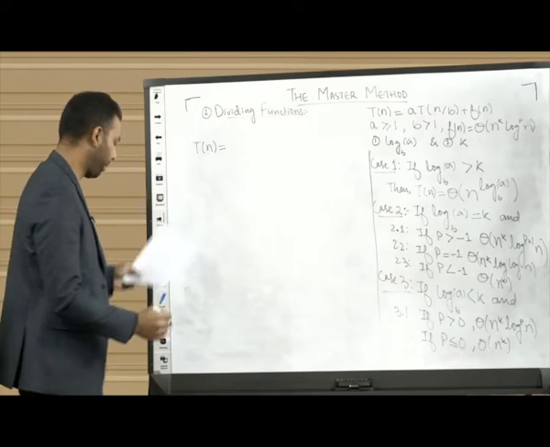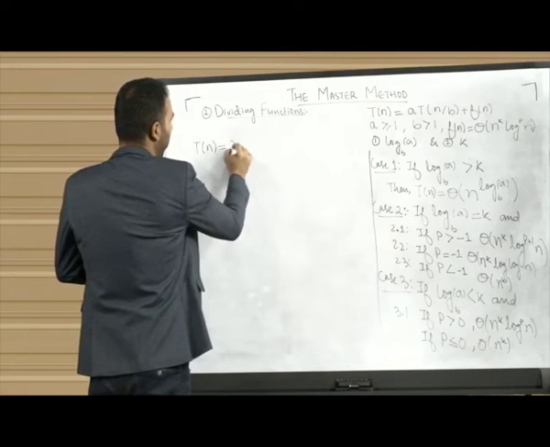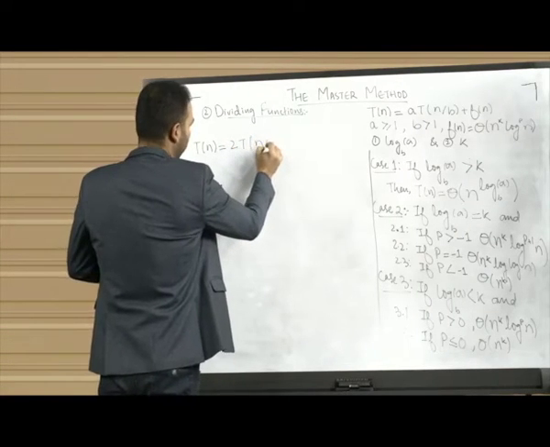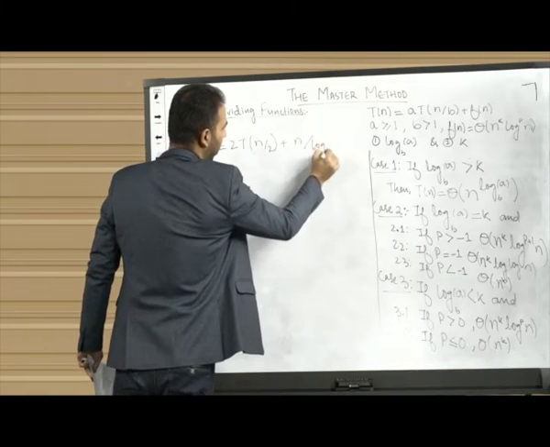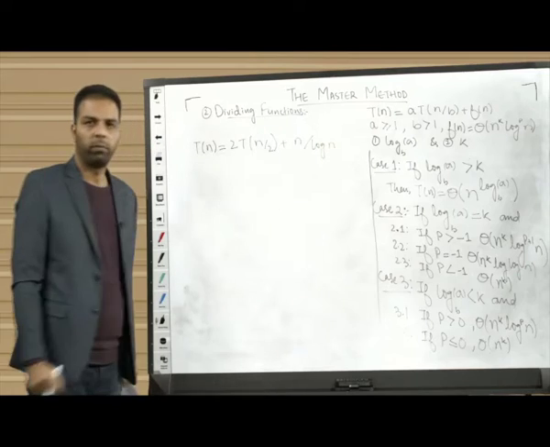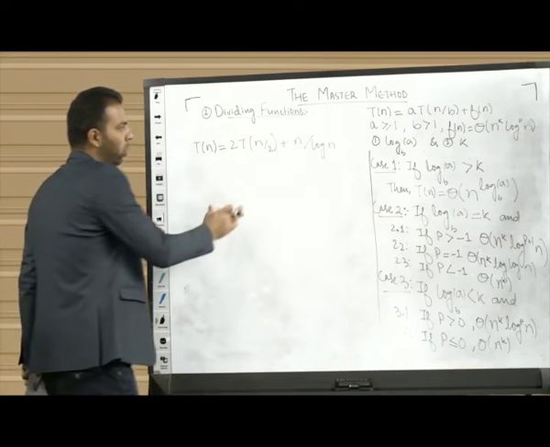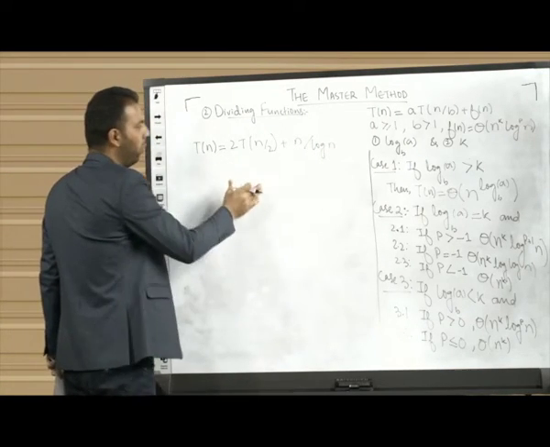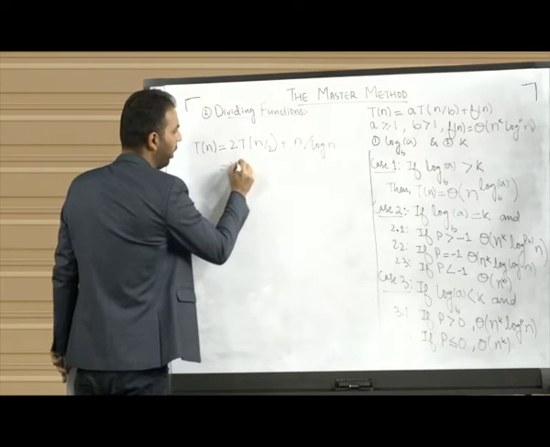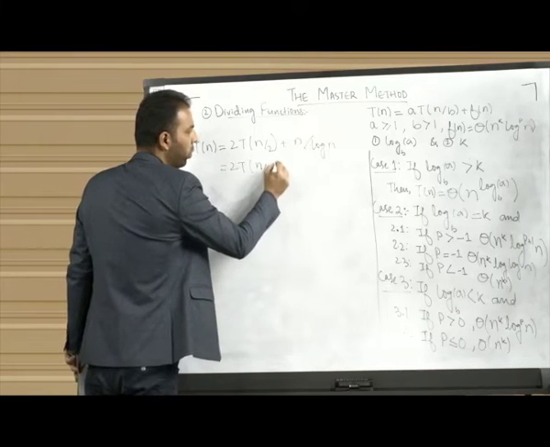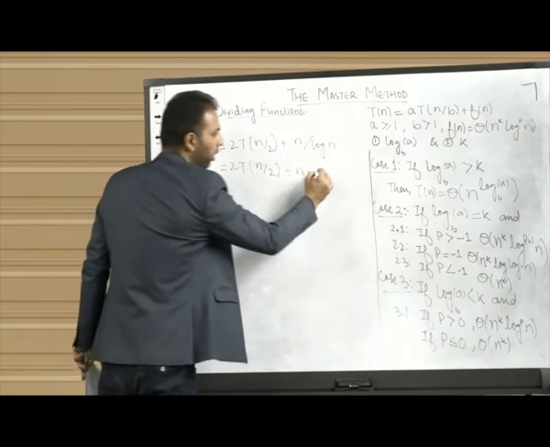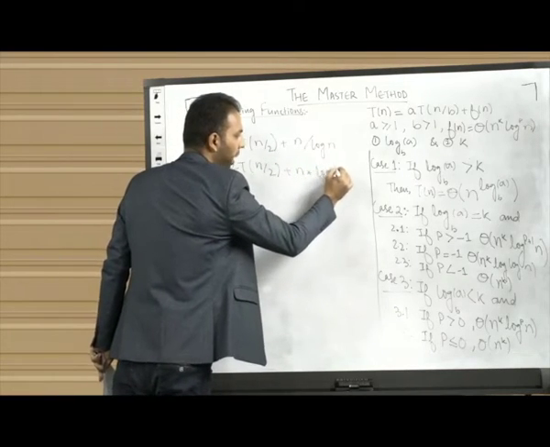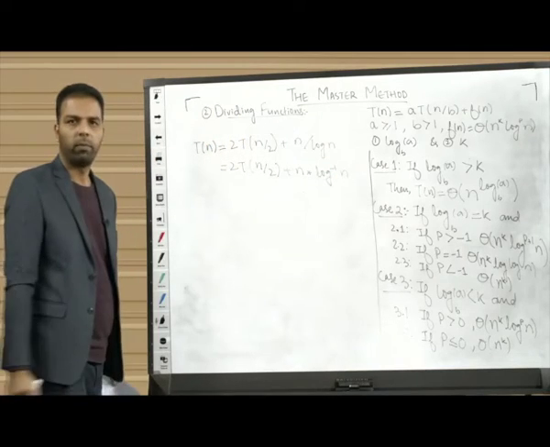We will take another example. T(n) is equal to 2T(n/2) plus n divided by log n. Okay. So we'll solve it a little. It will be equal to 2T(n/2) plus n multiplied by, if I take this log up, it will be log raised power minus 1 n. Fine.